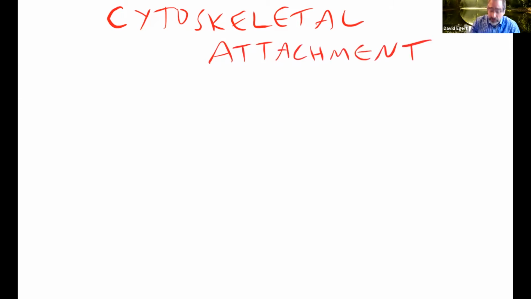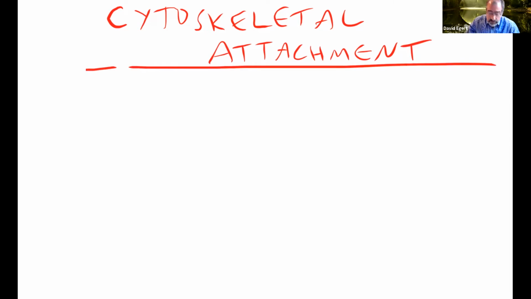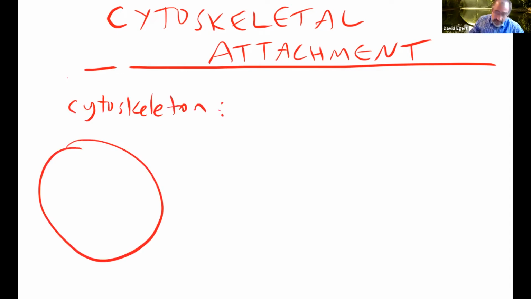I realized actually when we did our description of organelles, I didn't actually talk about cytoskeleton, so we should do a little detour. Again, a cell is not just a little Ziploc full of goo.